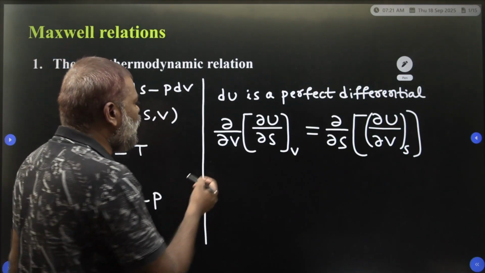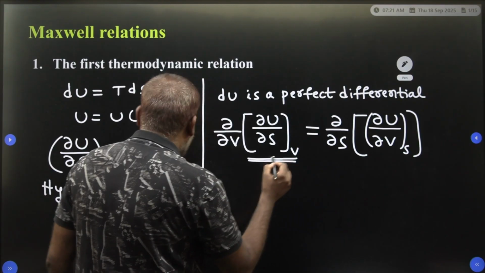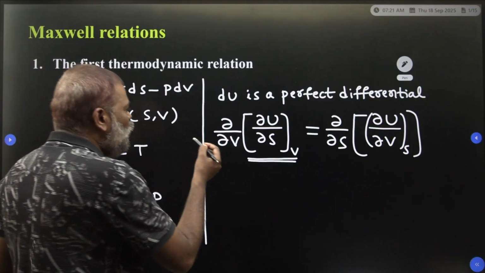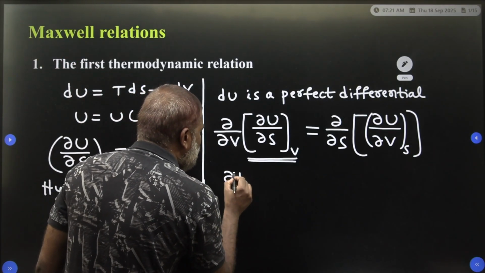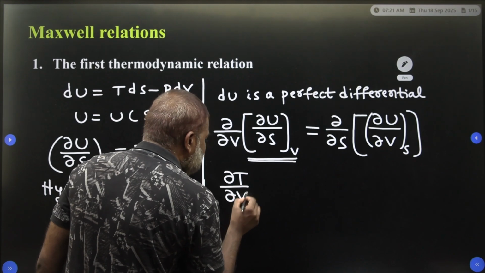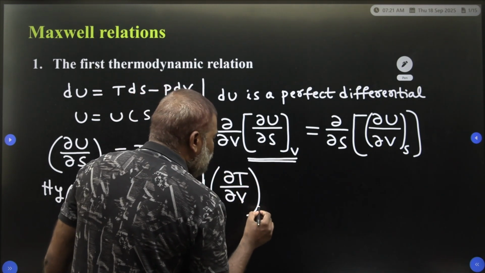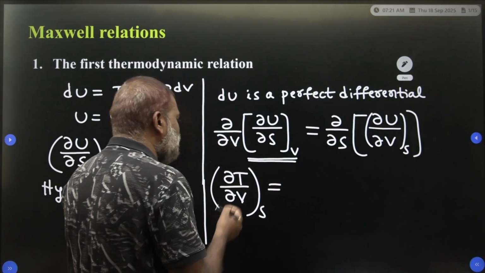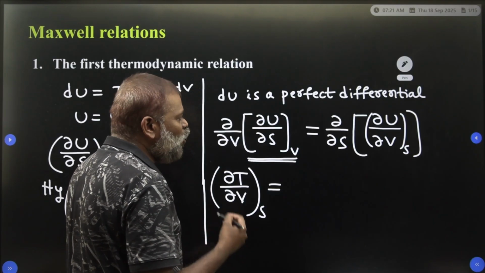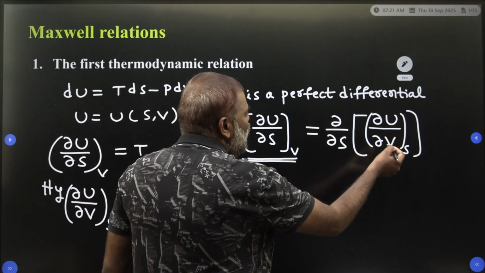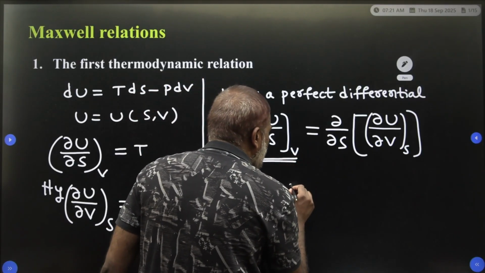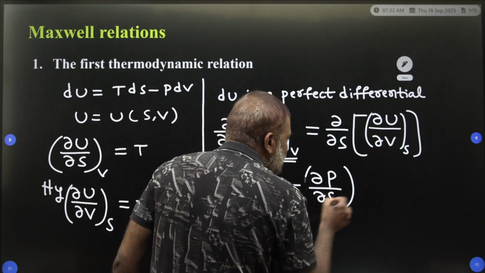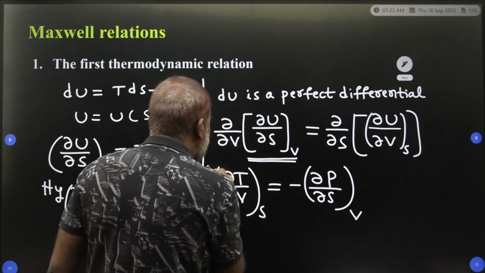Therefore, what is going to happen? Substituting, ∂T/∂V at constant entropy is equal to minus ∂P/∂S at constant volume. The term inside is taken as constant.